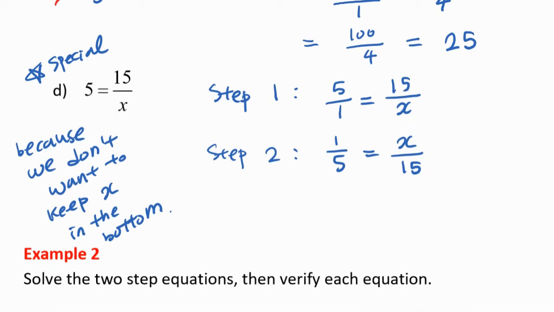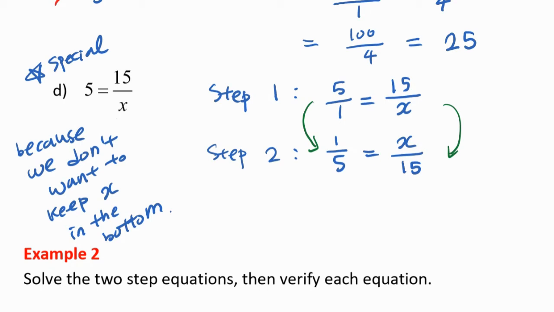Remember everyone, whatever you do on one side, you have to do the same thing on the other side. So when you flip one side, you have to flip the other side too.